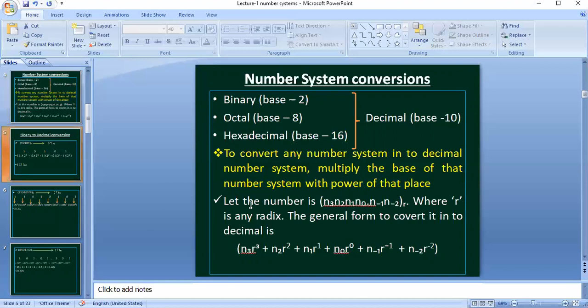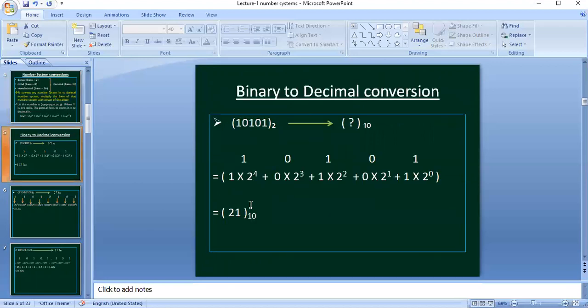Here I'm taking one example, binary to decimal conversion. You have to convert the given binary number into decimal. It may be binary or octal or hexadecimal, whatever it is.